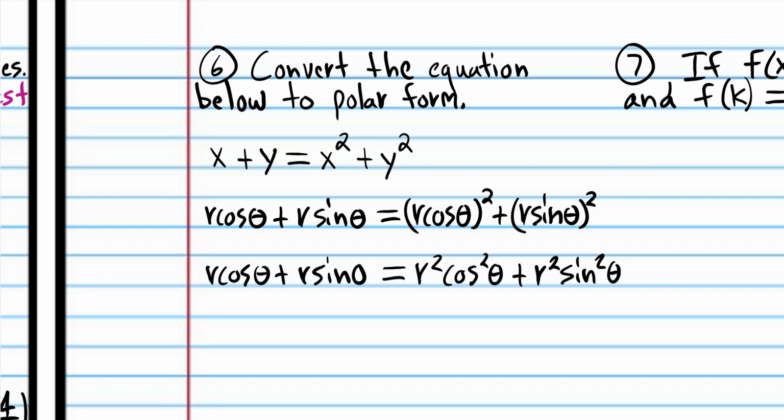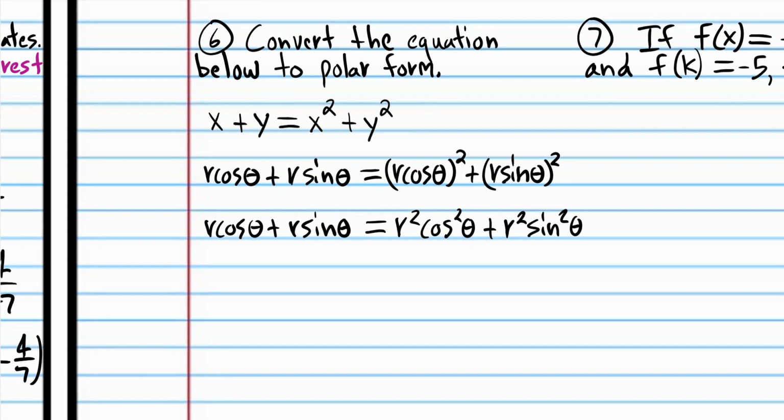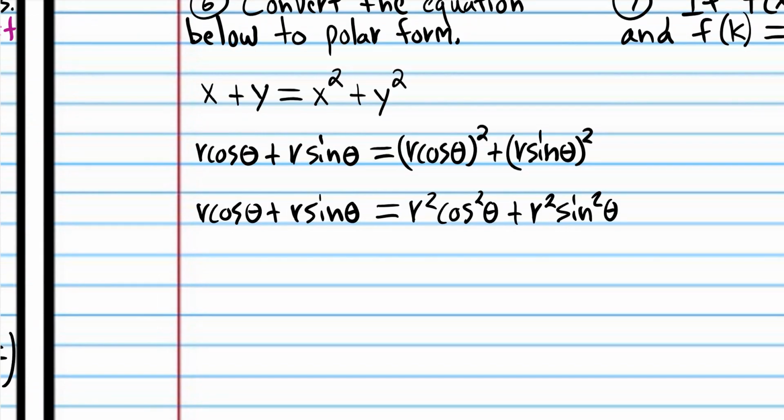And then we're going to divide both sides by r. Well, maybe we can just factor out r. You can do this a lot of different ways. I'm going to just factor out r. You could just divide both sides by r also.